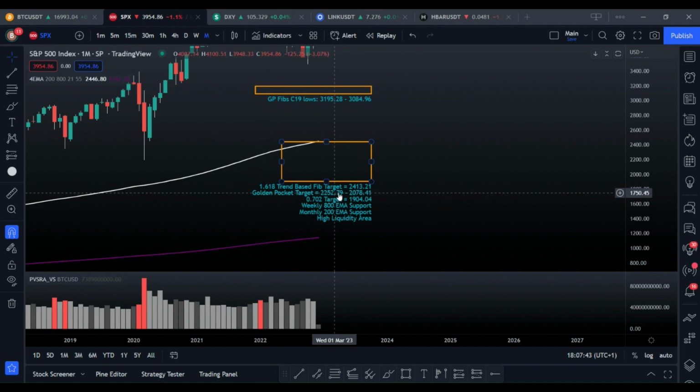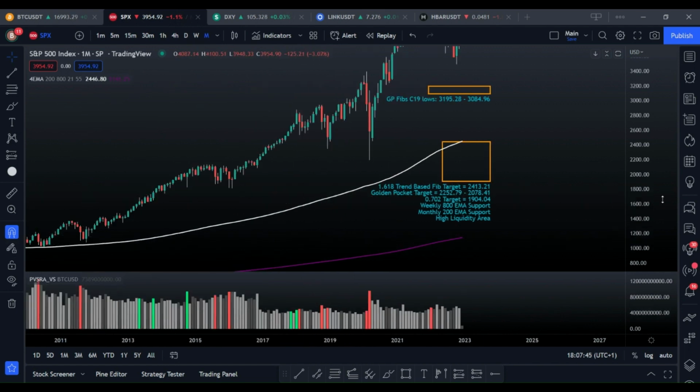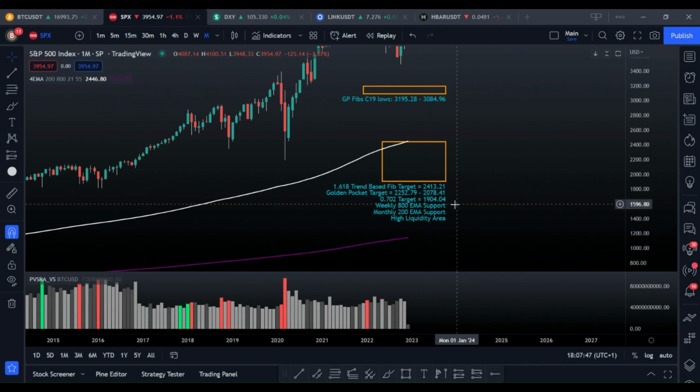Also, strong golden pocket support targets from 2008 to the all-time high right here. And not only that, we got the monthly 200 EMA being strong support right here, as well as the weekly 800 EMA, and on top of that, the high liquidity price area right here.